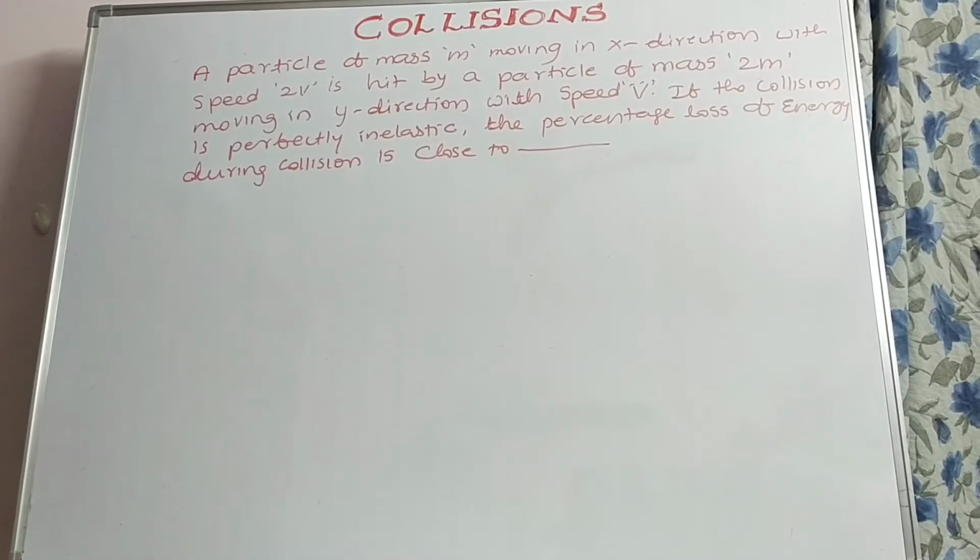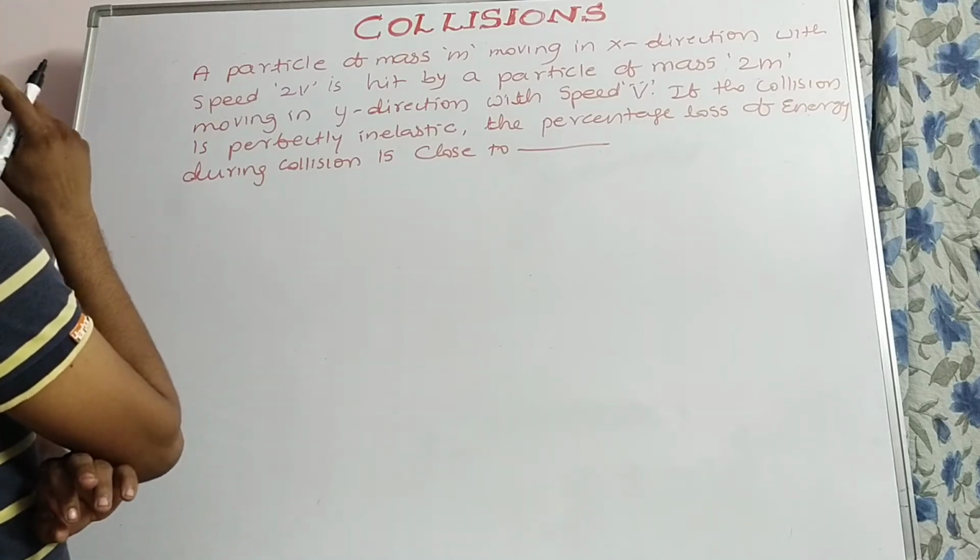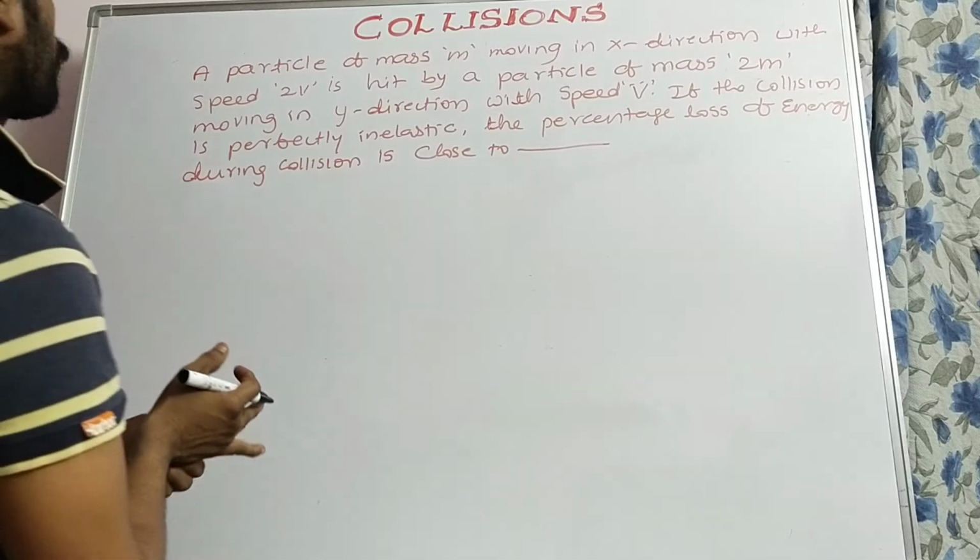A particle of mass m moving in x direction with speed 2v is hit by a particle of mass 2m moving in y direction with speed v. If the collision is perfectly inelastic, the percentage loss of energy during collision is close to what?